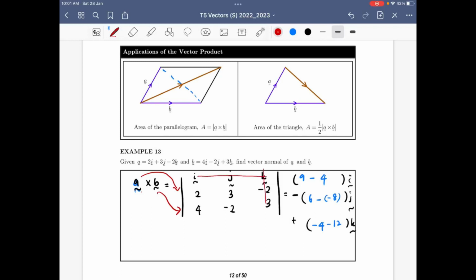Try to close it. 2 times negative 2, we get negative 4. And minus 4 times 3, we get 12. Minus 12. Okay. So everything is equal to 5i, minus 14j. Then negative 4 minus 12 equal to negative 16k.